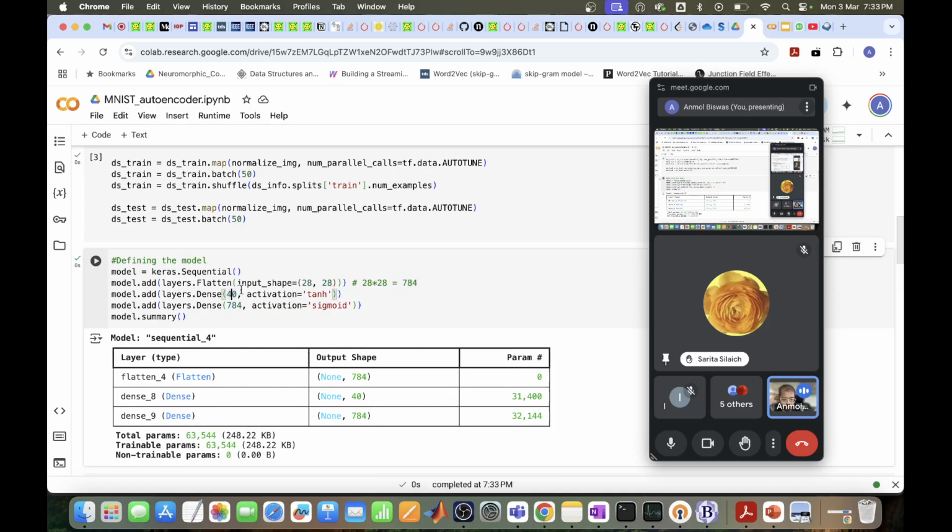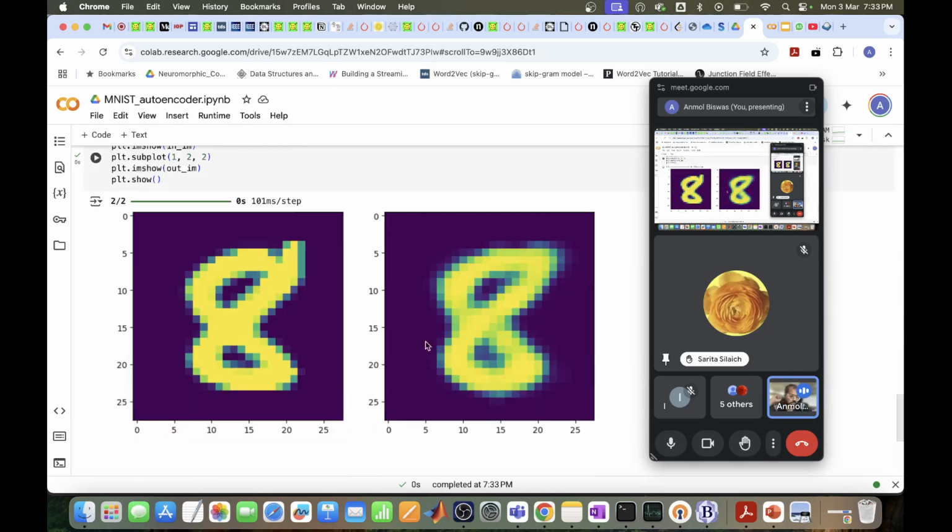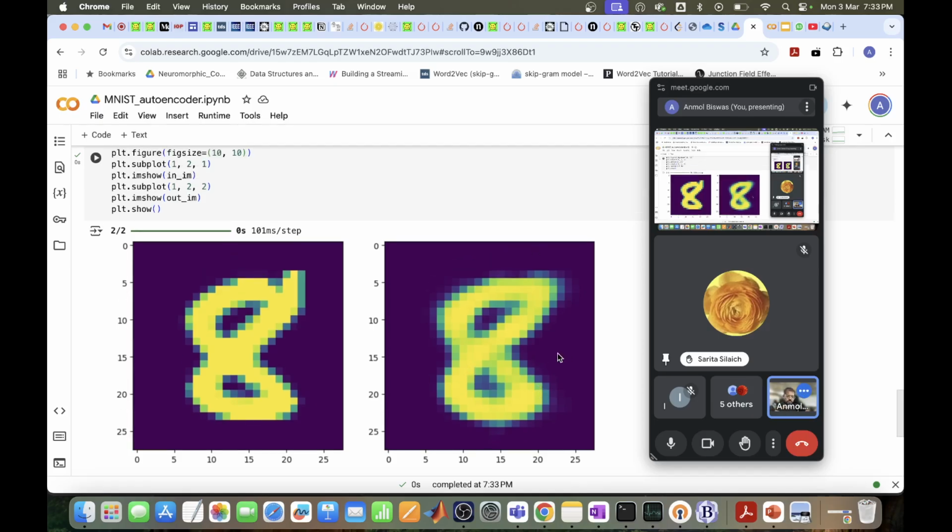So this is the important thing, which means that you can apply this compression, and this is a pretty strong compression, right? You're going from almost 800 to 40, which is like a 20 times compression, and you are hardly seeing any difference, right? 15 epochs of training, it looks even better, right?